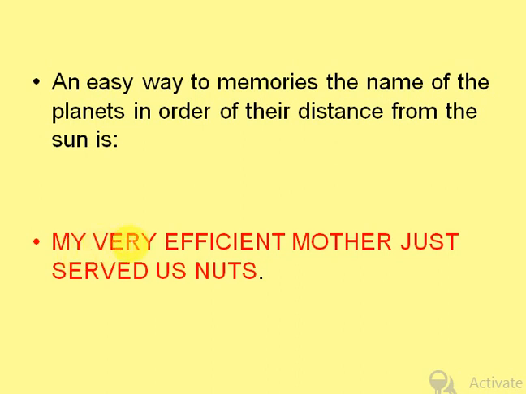The first letter stands for the different planets, like M of My is your Mercury. Try to name the other planets with the help of the first letters of these words.